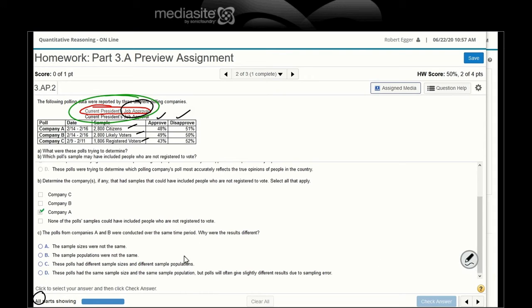Let's see. The polls from A and B over the same time period, why is the difference? Sample sizes were not the same? Nope. Both are 2,800. The population was not the same. Oh, that has possibilities.